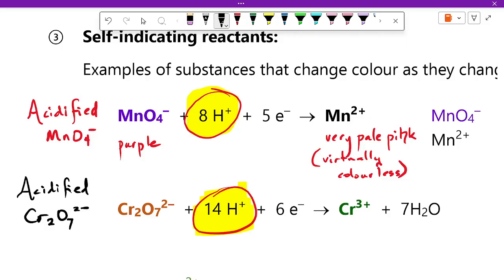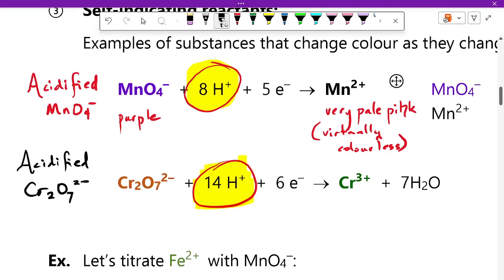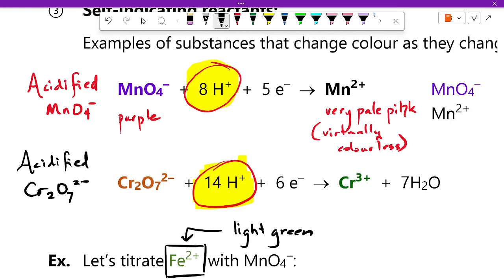So we're going to titrate Fe2+. Let's say we were given a list of things and we want to titrate some iron 2+. Iron 2+ is light green. Okay, let's go to our data booklet. So if you could please make sure you've got your data booklet out and on the last page.